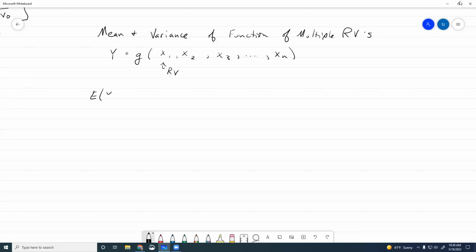So the expected value of y, or the mean of y, which we'll denote as mu of y, is simply equal to the function evaluated at the means of each of those variables.